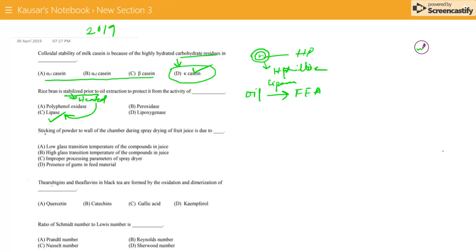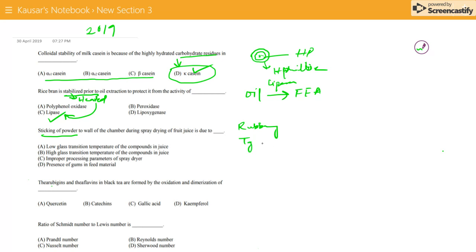Next question is: sticking of powder to the wall of the chamber during spray drying of fruit juice is due to. When we try to dry fruit juices, they give a rubbery or sticking texture because they have a low glass transition temperature.